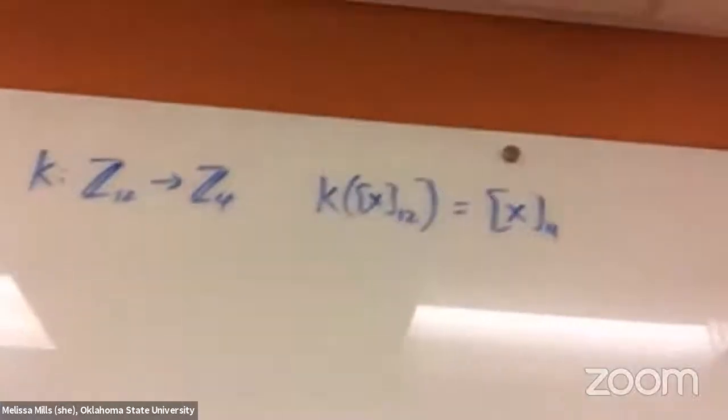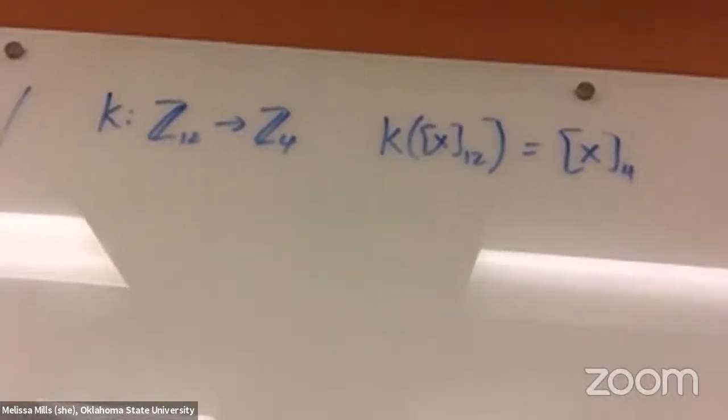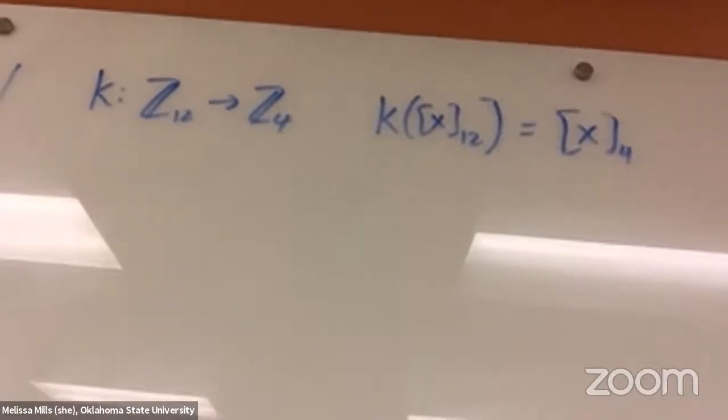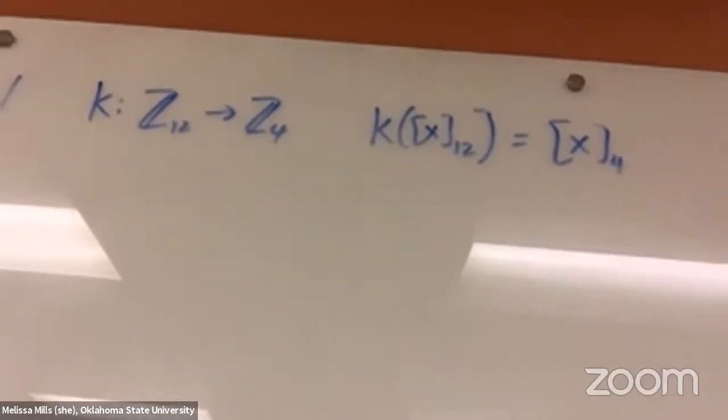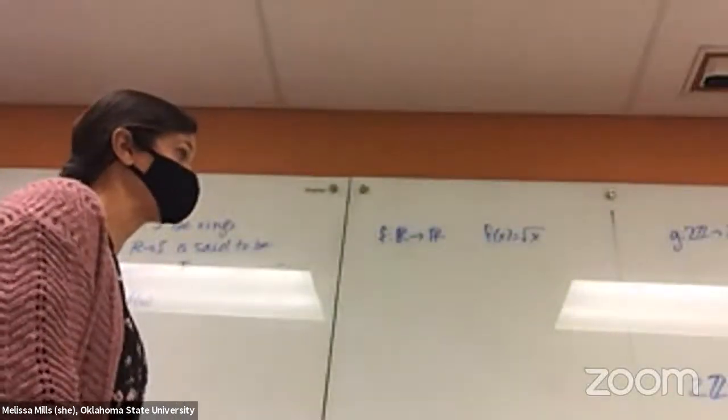And the last one goes from Z mod 12 to Z mod 4. You just take any element in Z mod 12 and then take that element mod 4. And that's the mapping. So we're trying to decide which of those mappings are homomorphisms and which are not.